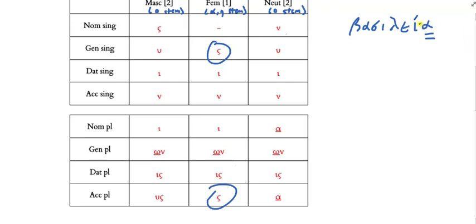What is that going to do in the genitive singular, dative singular, accusative singular? It is going to stay alpha because the alpha is preceded by an REI letter. Is iota an REI letter? Absolutely.